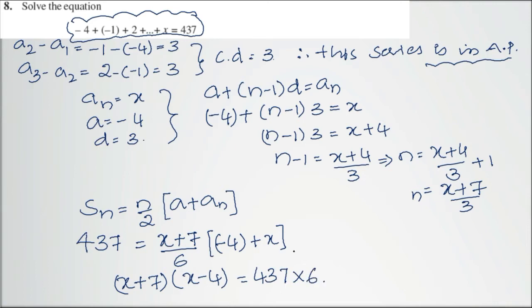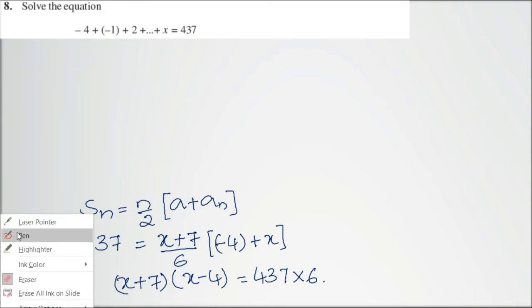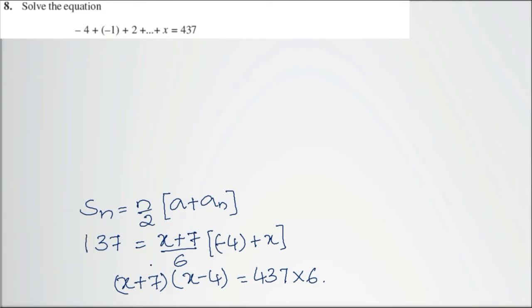This is a quadratic equation. We need to solve this quadratic equation. Now this quadratic equation has to be solved. So on multiplying this, I'll be getting x square plus 3x minus 28.